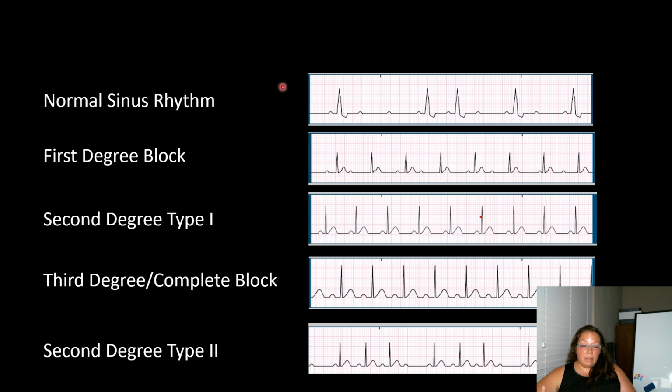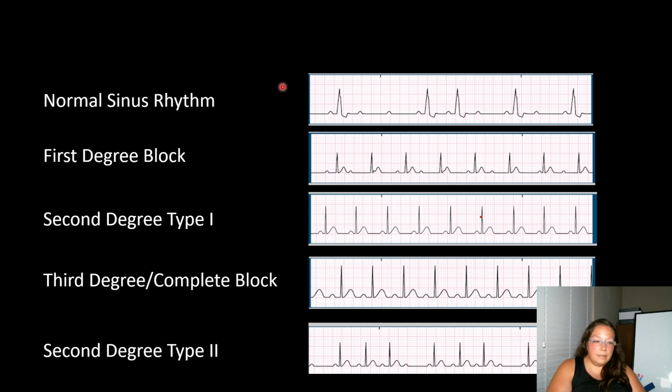Or if you think about the marriage analogy, P wave is sitting at home all the time, and QRS decides when he comes home. Sometimes he comes later and later and later, and then he doesn't come home. That's Mobitz 1. And then sometimes he decides to come home randomly at random times.